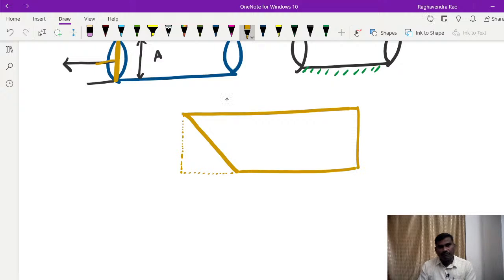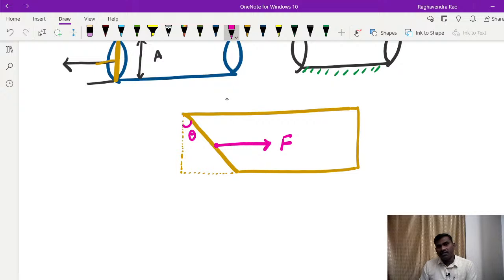It does not have a flat cross section, it has an inclined cross section. So in this case, how can we find the shear stress and tangential stress? Now this is an angle theta which it makes with the original cross section. Now we need to apply a force like this. This is the force.